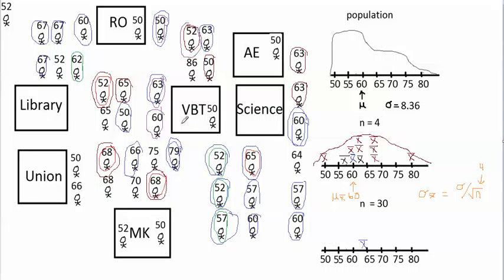And this isn't the only possible sample of 30 people that could have been chosen, because there's many different possible combinations of 30 people that could be chosen from this population.